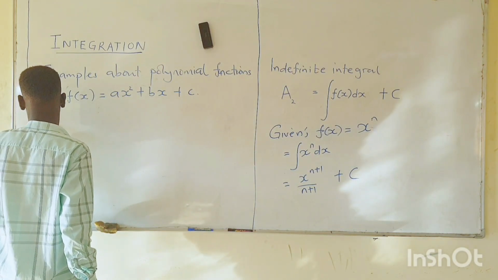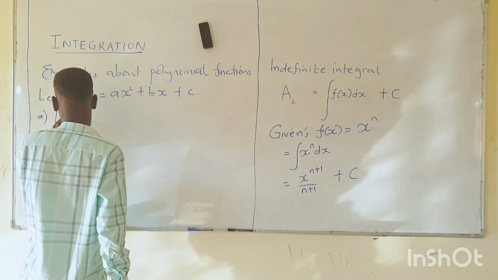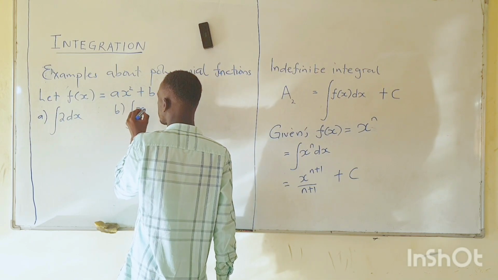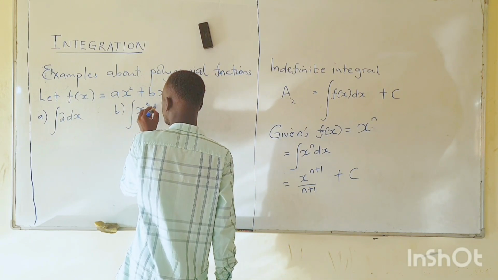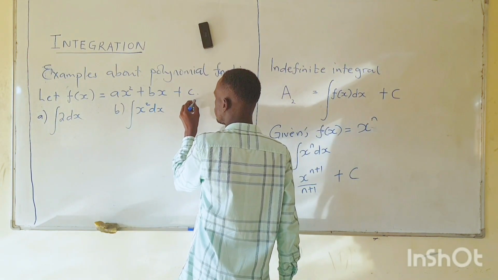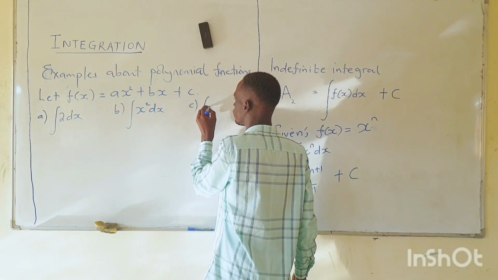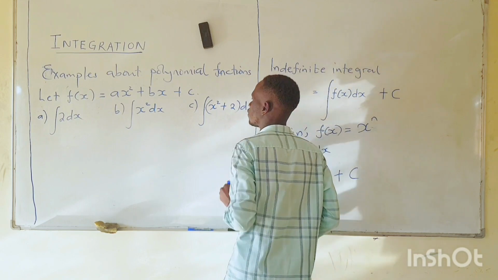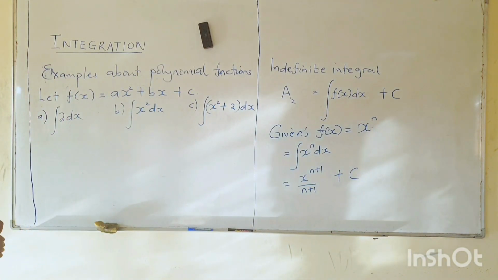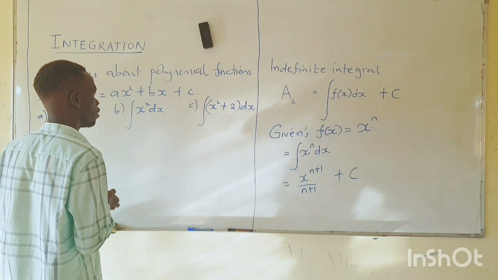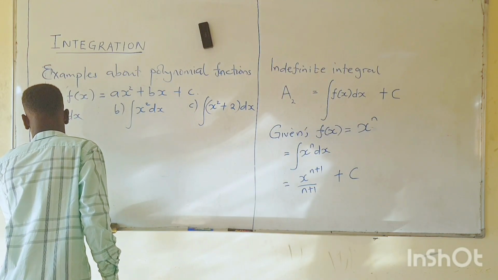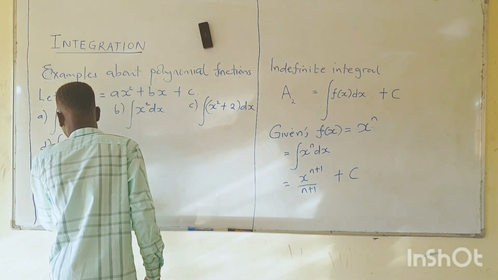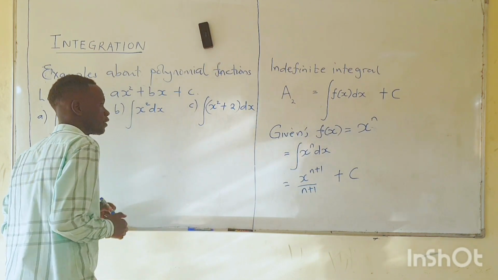So the examples are, we have integrate 2 dx, then integrate x squared dx, then integrate x squared plus 2 dx, then integrate x power negative 1 dx.